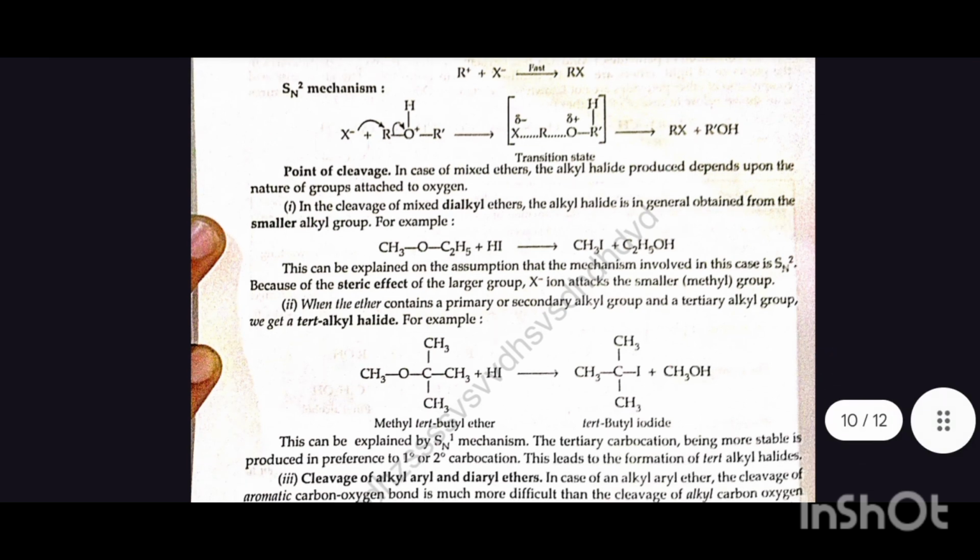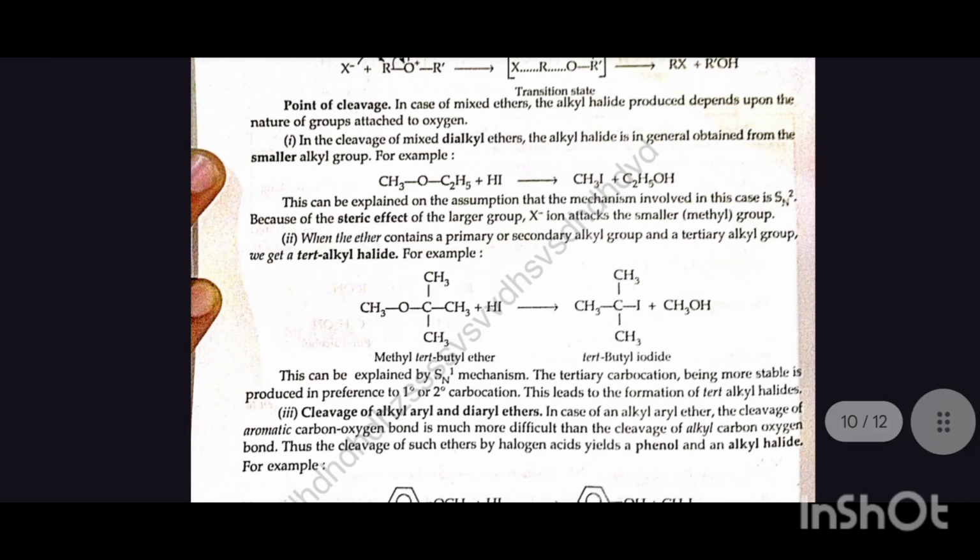It can also be explained on the assumption that the mechanism involved is SN2. Because of the steric effect of the large group, the X negative ion attacks the smaller methyl group. Second, when the ether contains a primary or secondary alkyl group and a tertiary alkyl group, we get a tertiary alkyl halide.